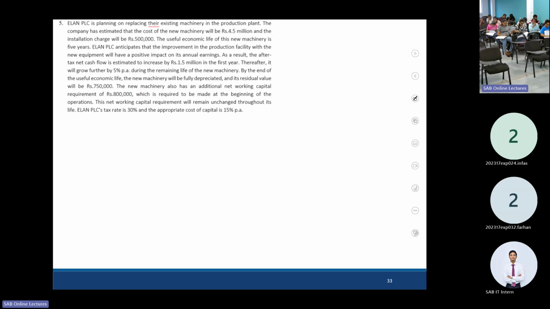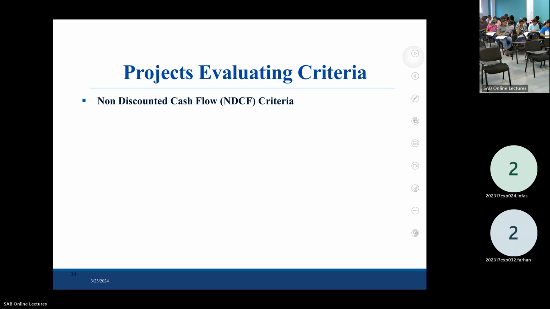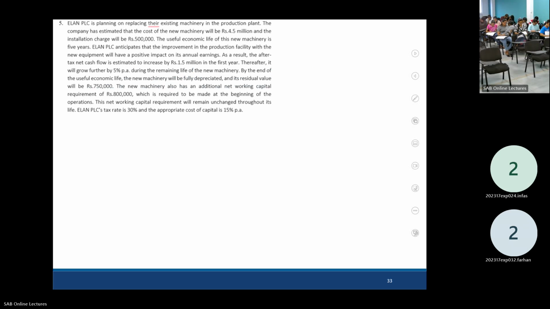In 5 years, 0, 1, 2. Cost is 4.5 million.